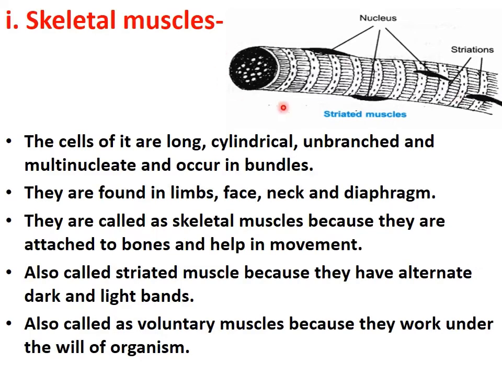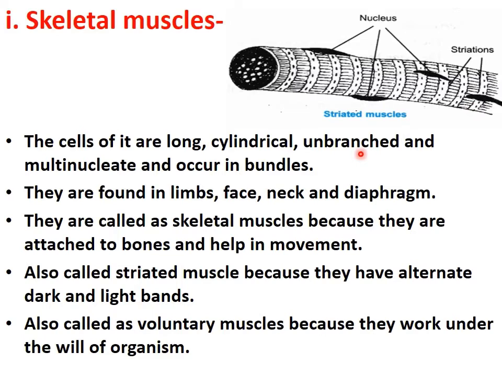Skeletal muscles, as you can see in the diagram, have cells that are long, cylindrical in shape, unbranched and multinucleate, and occur in bundles. No branches are there.